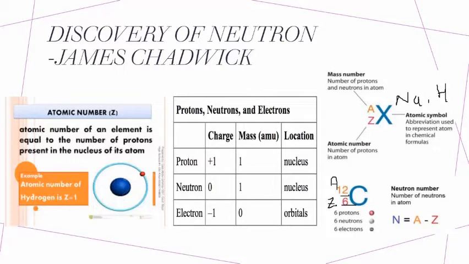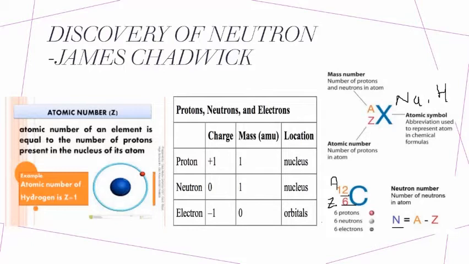We represent the number of neutrons as capital N, the mass number as A, and the atomic number as Z. So 12 minus 6 gives you 6 neutrons. That is a small example of how to calculate and identify the mass number, atomic number, and number of neutrons.